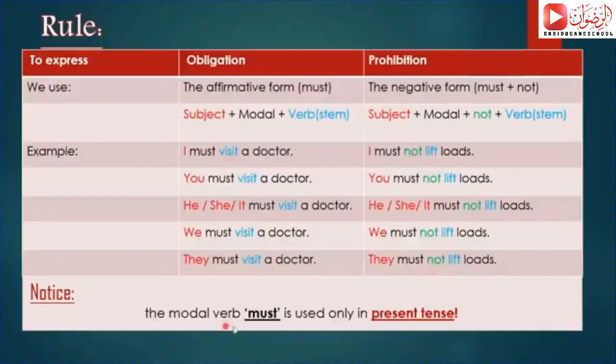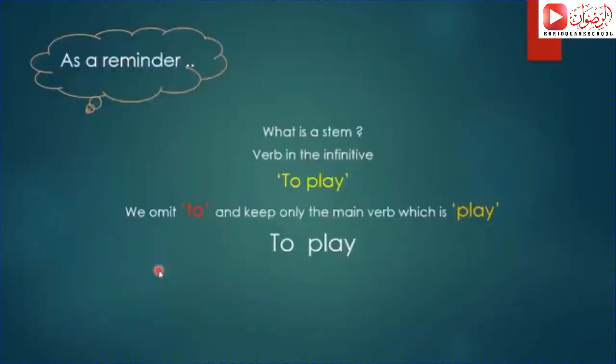Notice the modal verb must is used only in present tense. So we don't use the modal verb must for expressing obligation in the past or in the future. As a reminder, what is a stem?